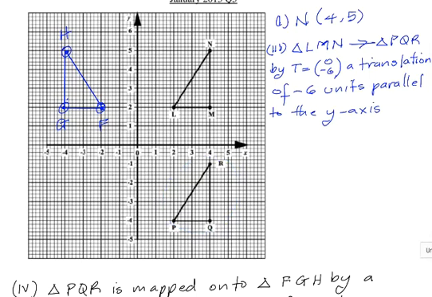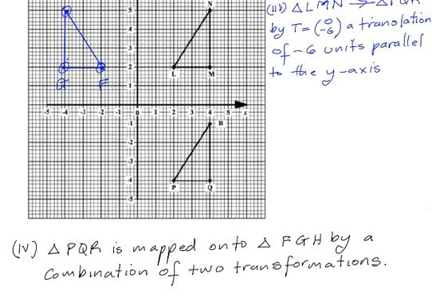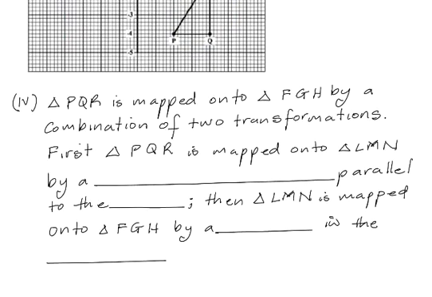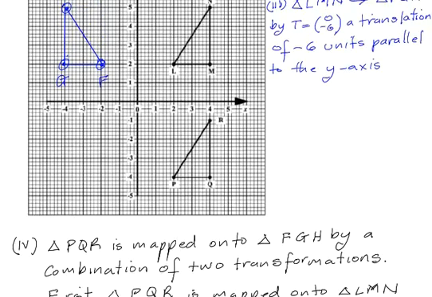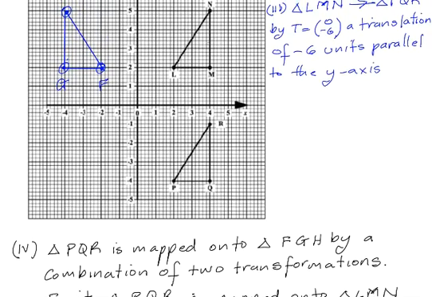All right, so let's complete. Triangle PQR is mapped onto triangle FGH by a combination of two transformations. First, triangle PQR is mapped onto LMN by, so want to see, a while ago we looked at the transformation that took LMN to PQR.